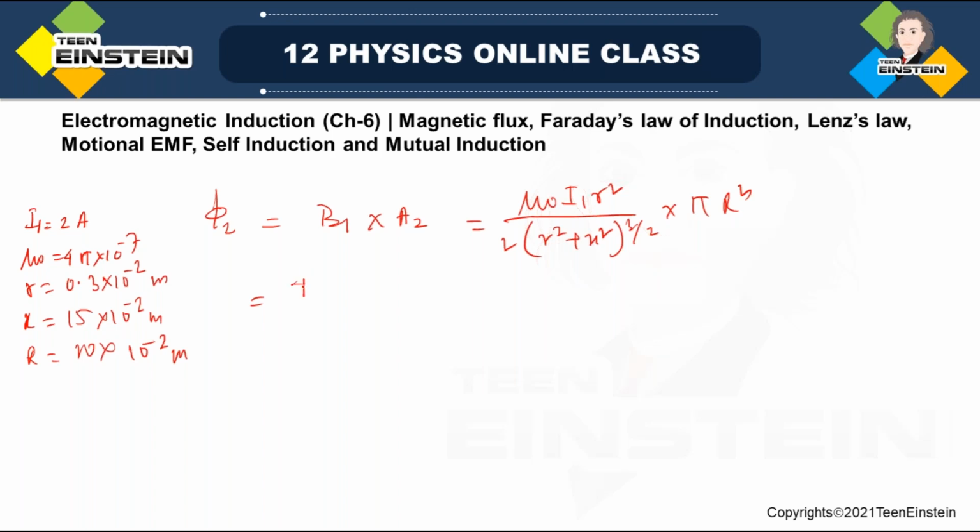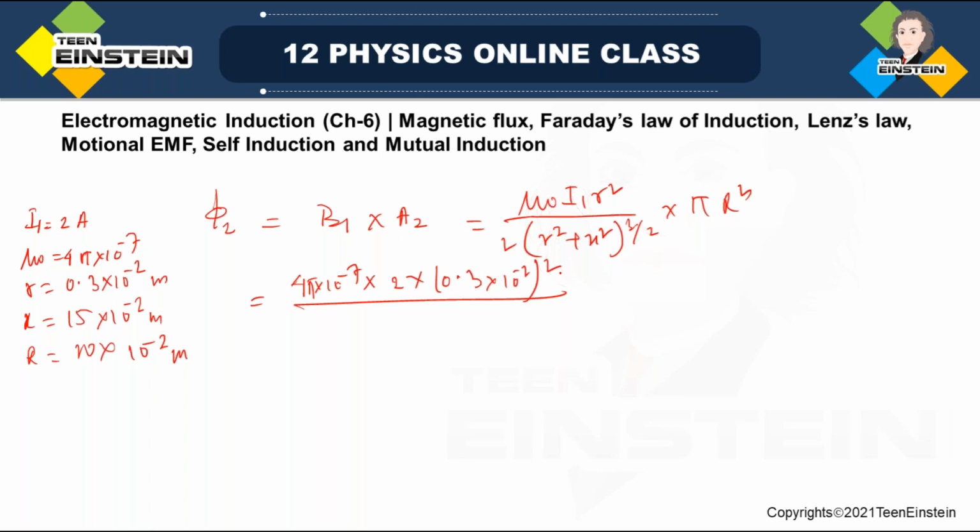So if we put all these values, say 4 pi into 10 to the power minus 7, then 2 into r square is 0.3 into 10 to the power minus 2 whole square, divided by, here there is a 4 pi.